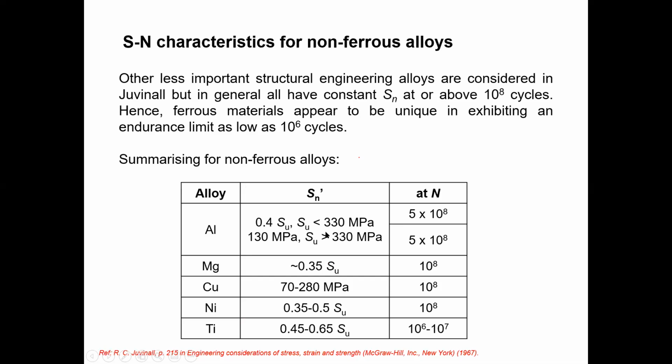Like in the steel, 10 to the power 6 cycles, Sn dash in here is 5 times 10 to the power 8. Nickel, titanium, copper, magnesium, likewise. So that's all about the lecture.